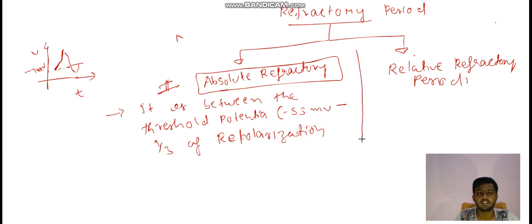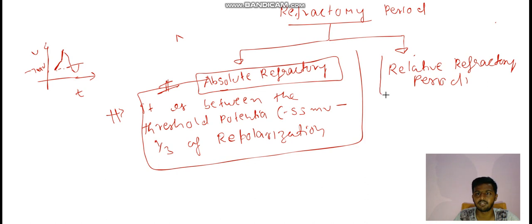So in this period, if any new stimulus comes, the nerve cell is not going to take it, or that stimulus can't produce another response. Okay, so it doesn't matter how strong the stimulus is, it can't make the response.